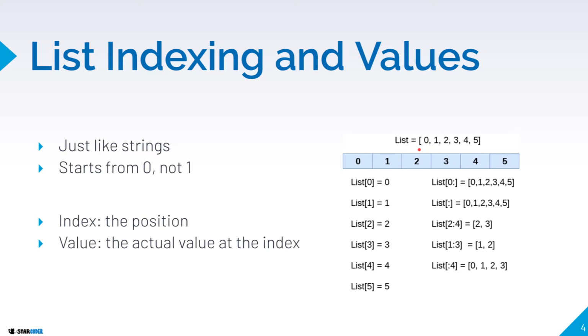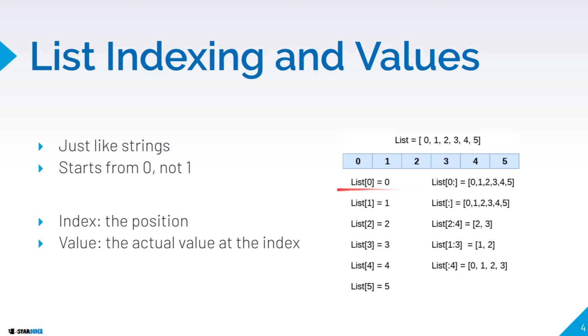In this case, and this case only, the indexes match the values. For example, since we start from 0 for indexing, we will assign the value of 0 to index 0, and then the value of 1 to index 1. So on and so forth until the value of 5 to index 5.